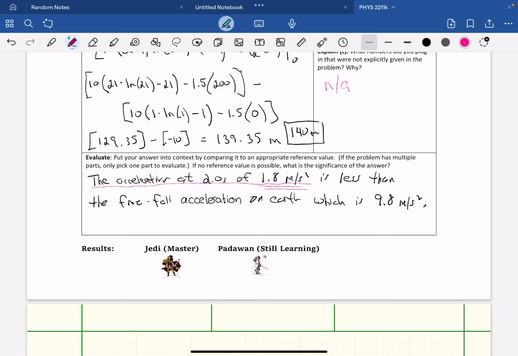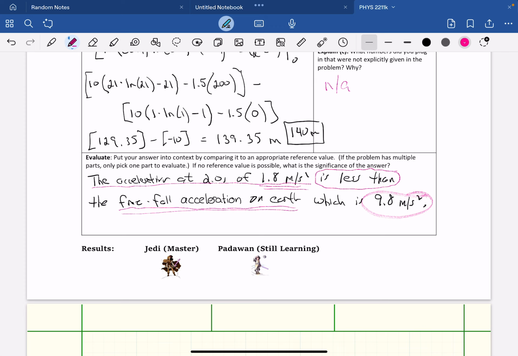Next, I compared it to something. The comparison is something like is less than, is more than, is about equal to, is much less than, is much more than, things like that. So I compared it to something, and again, two things. I named the thing I compared it to, the free fall acceleration on Earth, and I also gave the value of the free fall acceleration on Earth.